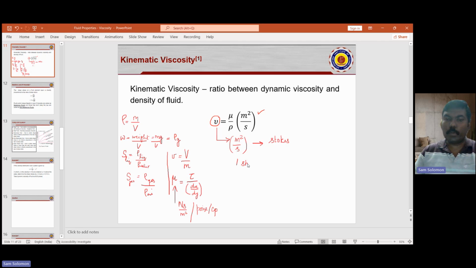So 1 Stokes is equal to 10 to the power minus 4 meters squared per second. So 1 centi-Stokes is going to be 1 by 100 times your Stokes, so that is 10 to the power minus 6 meters squared per second.